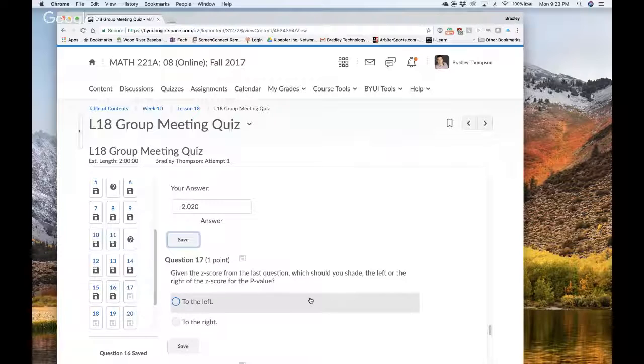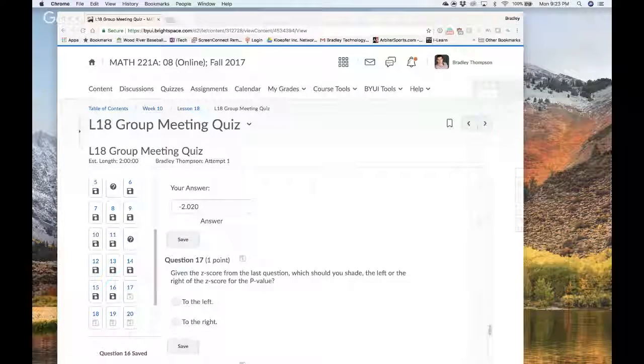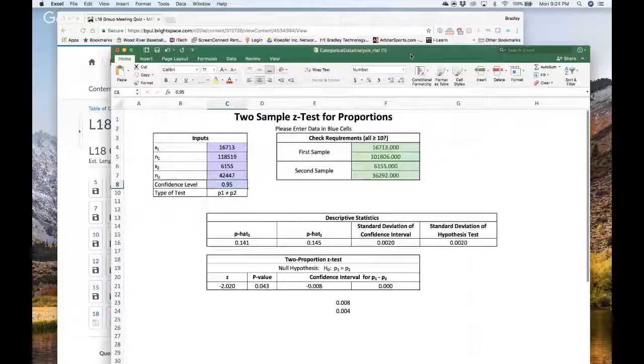Okay, given the z-score for the last value, which should you shade, to the left or the right of the z-score for the p-value? So it's the p-value left, 0.043. Yeah, less than should be left, right? If it's a negative, it's the left.